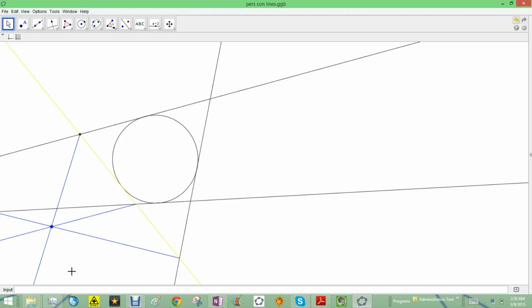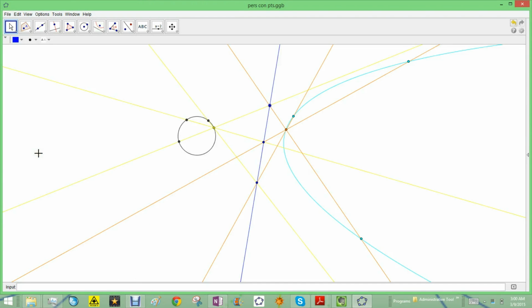So we put them in one-to-one correspondence so that lines which are in correspondence with each other meet on this yellow axis line. And so basically now we've got the idea of perspectivity under our belts.